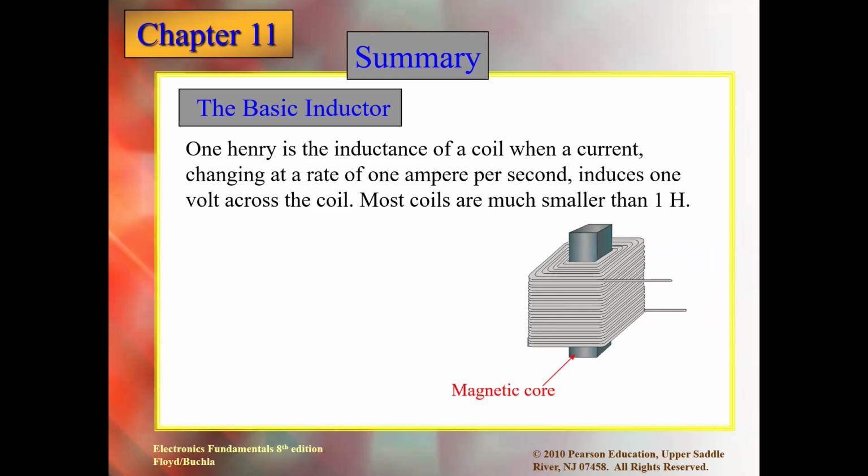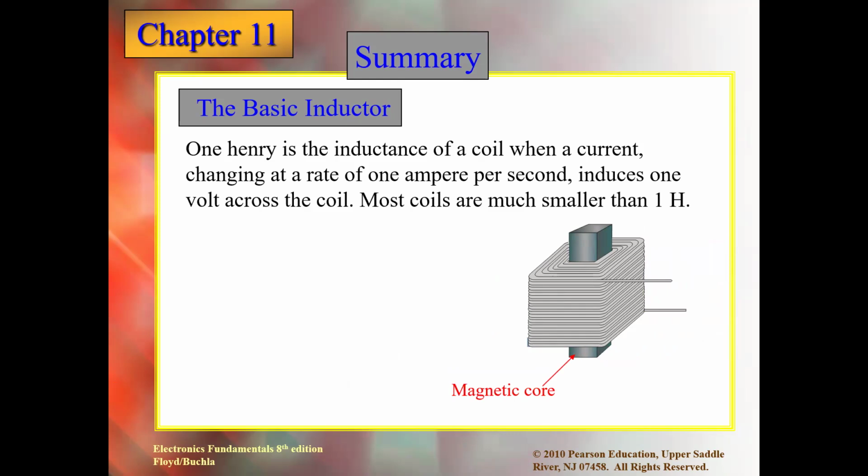So 1 henry is the inductance of a coil when a current changing at a rate of 1 ampere per second induces 1 volt across the coil. Most coils are much smaller than 1 henry, like 1 millihenry, microhenry, picohenry, and so on.